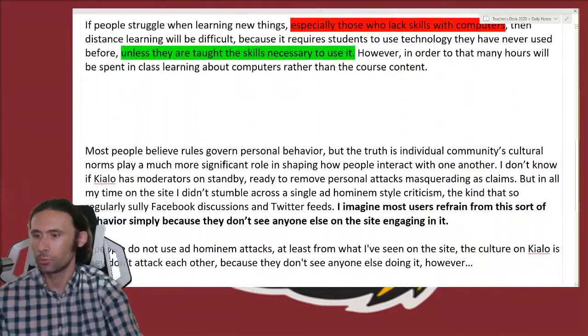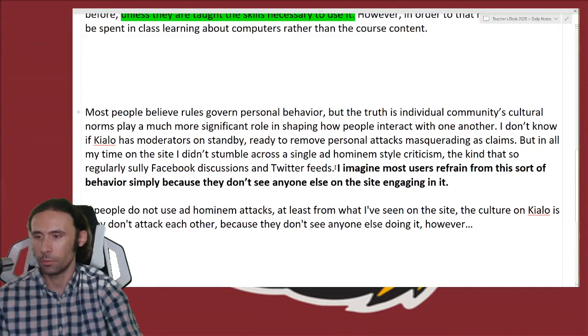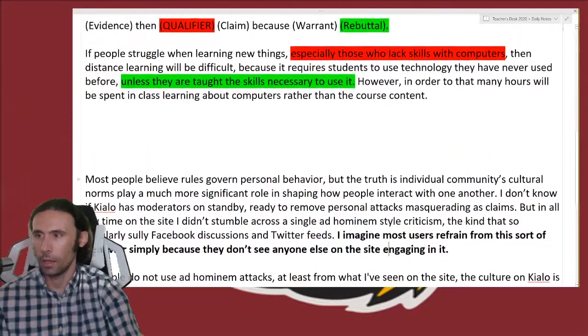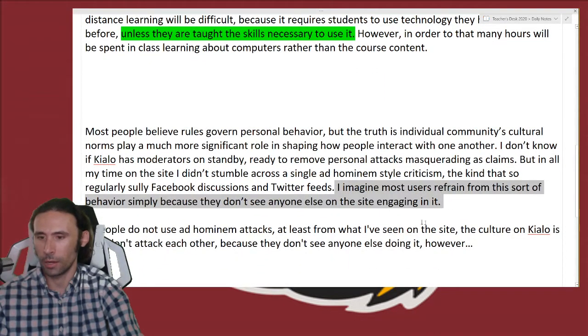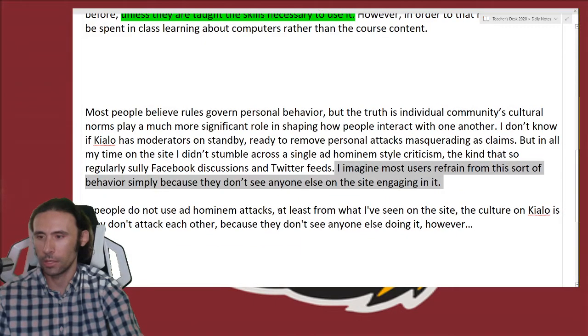So if this is my claim, I had bold on the claim. What is the evidence? Or no, wait, this isn't the whole claim. The claim I went with was, at least from what I've seen on the site, the culture of Kel is they don't attack each other. So they don't see anyone else doing it.